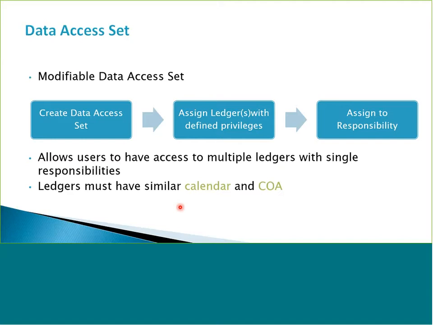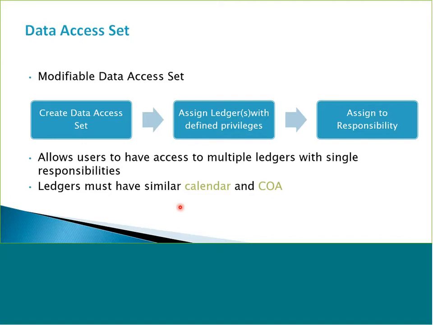So in this data access set that we create, we can then specify the ledgers. And in addition to that, we can also specify certain other privileges that are connected with that data access set, and then we assign that data access set to a responsibility.